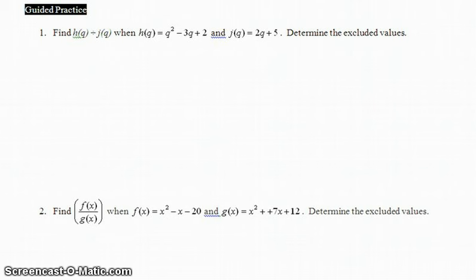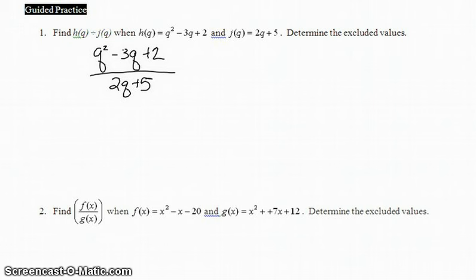Number 1 says to find h of q divided by j of q, where h of q is q squared minus 3q plus 2, and j of q is 2q plus 5. So my first step is to replace and put my first expression in the numerator, so I'm going to have q squared minus 3q plus 2, and my second in the denominator.